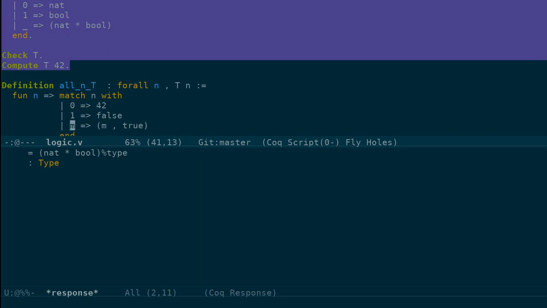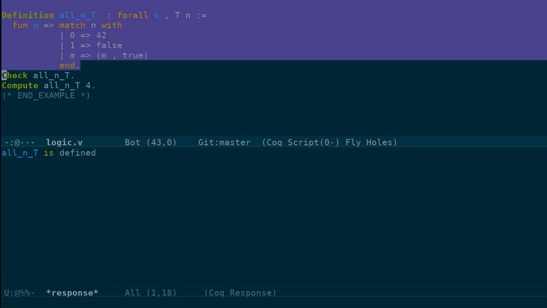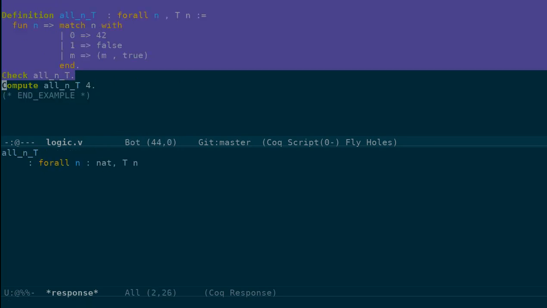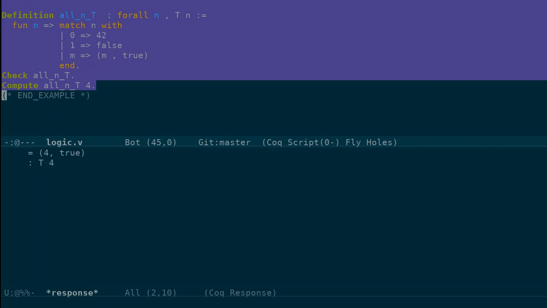And if n is something else, which you match as m, you have to give NAT star bool. In our case, we give it as m comma 2 just to indicate what is happening. So this compiles. You can check the type of all n t, it is of the expected type, and you can probably evaluate it. So this illustrates the use of dependent types for programming.